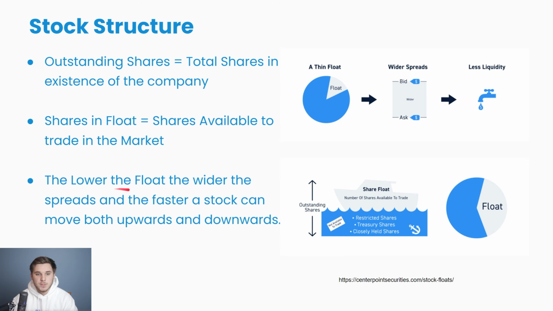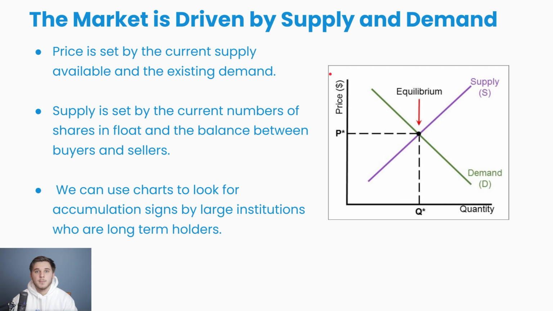And overall, this is what's important to remember, and it's also represented in this graphic. A lower float means wider spreads between the bid and the ask, and less liquidity overall, which means the stock can move faster, both upwards and downwards. So overall, this is what sets the supply available to be traded, and then demand comes in and sets the price and finds this equilibrium point. You can see here, price is set by the current supply available and the existing demand.